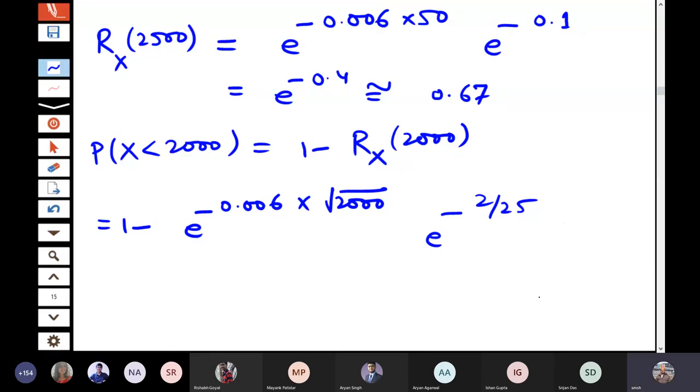Anyway, you just check this calculation because I cannot use my calculator at this point of time. So just check what the value is here.